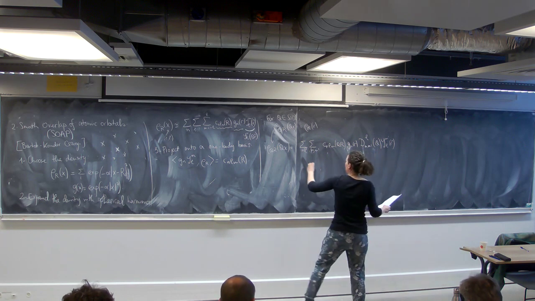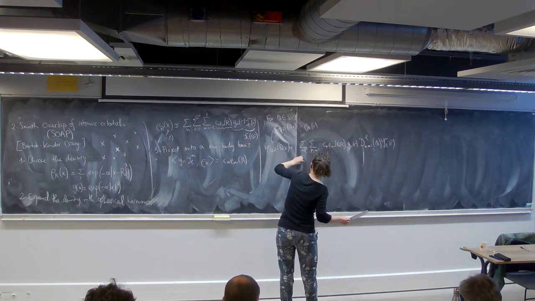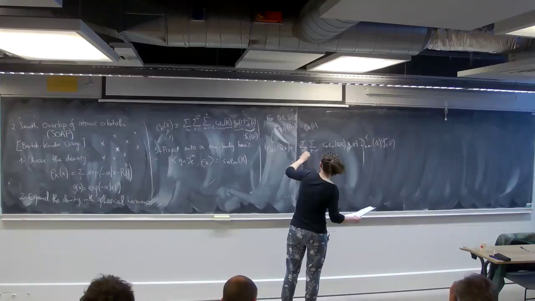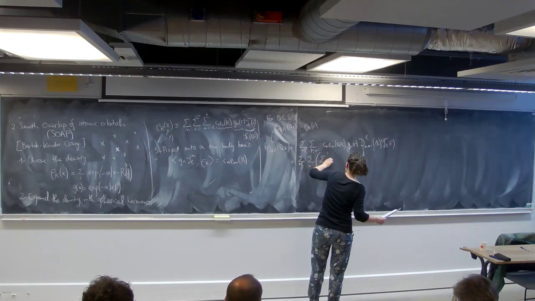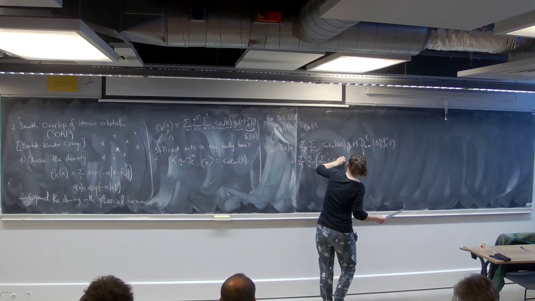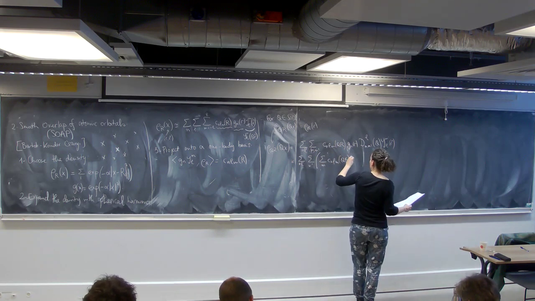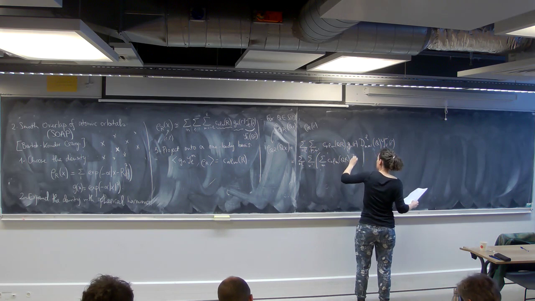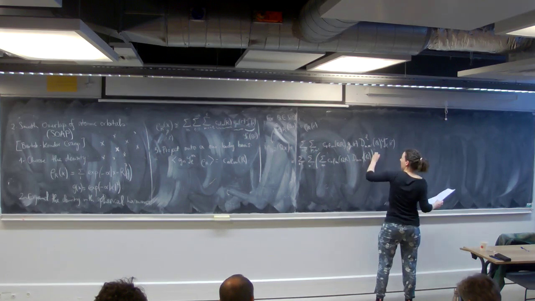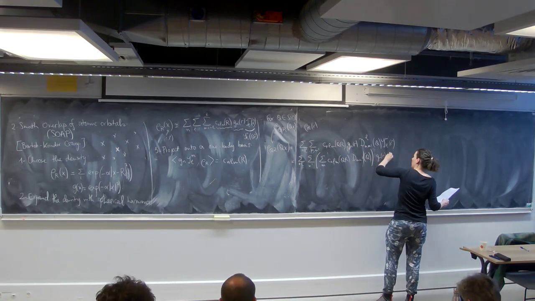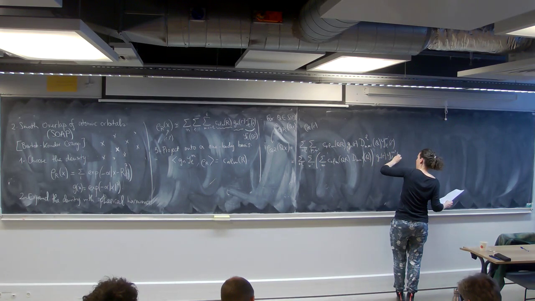And so here I can group things a little differently and have the sum over m' of the sum over m of c_nlm(QR) D^l_mm'(Q) g_n(r) Y_lm'(r hat).